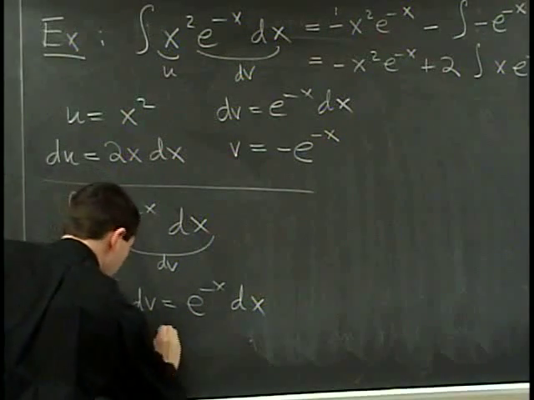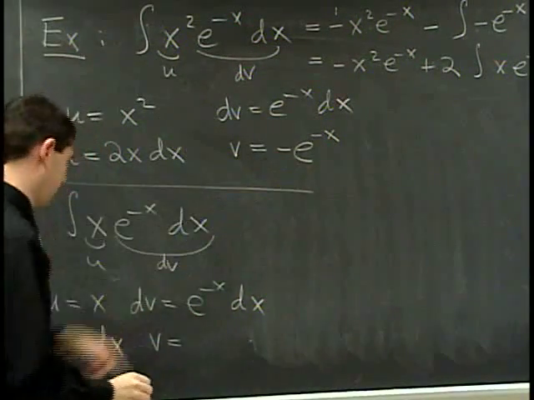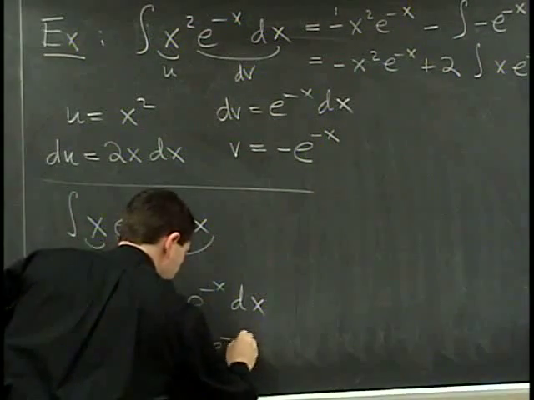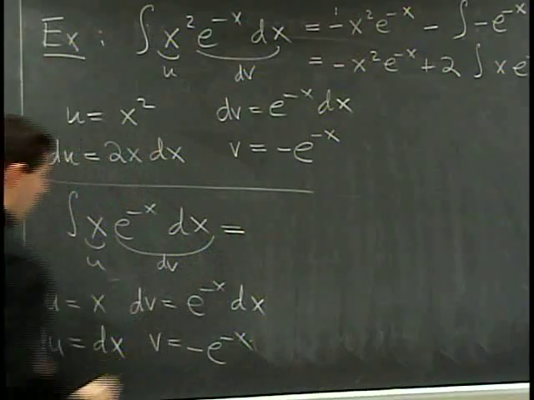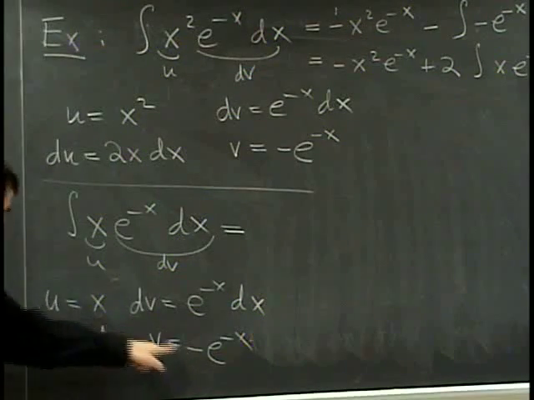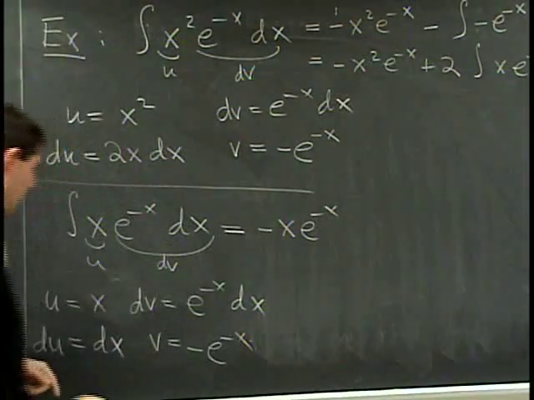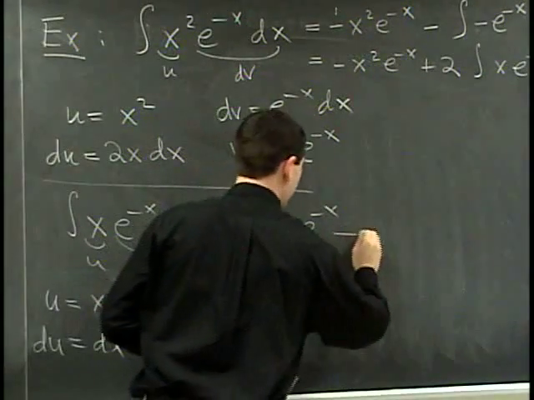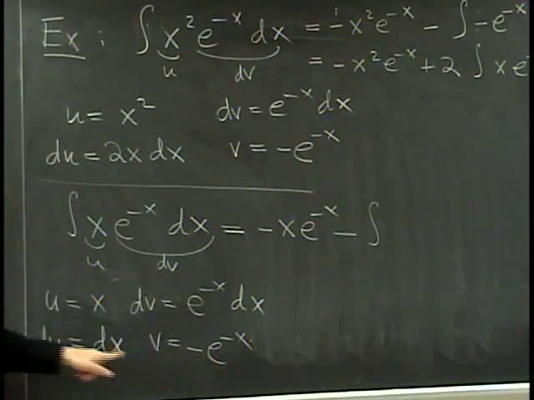And v, we already solved this problem. It's just minus e to the minus x. Okay, so this integral by the integration by parts formula becomes uv, so minus x e to the minus x, minus the integral of v du, so minus e to the minus x dx.